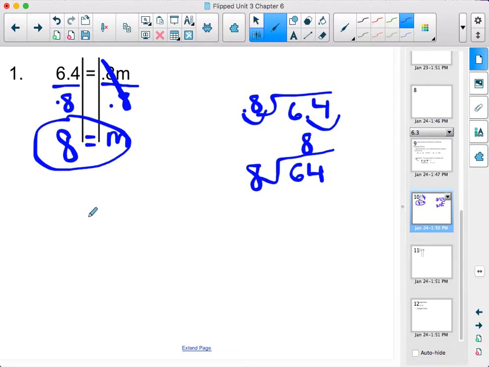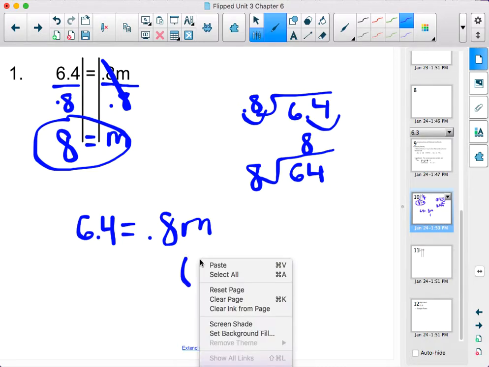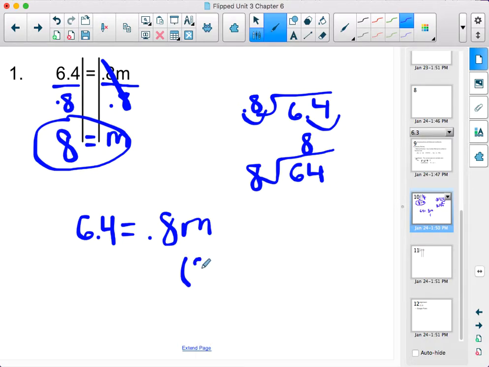Our checks are still important in this part of the chapter. You begin by writing the original problem over again. 6 4/10 equals 8/10 times m. We substitute our 8 in for the variable, and we simplify both sides of the expression. So 6 4/10 is already simplified.